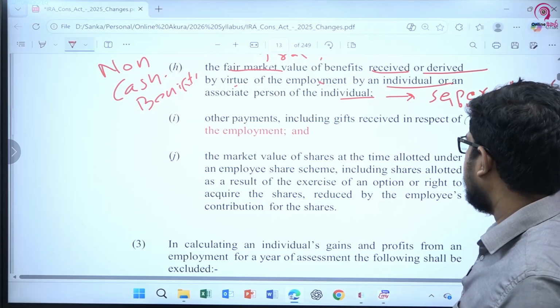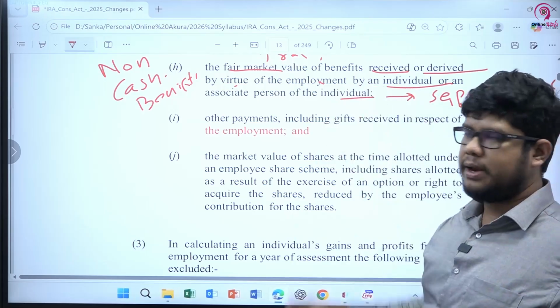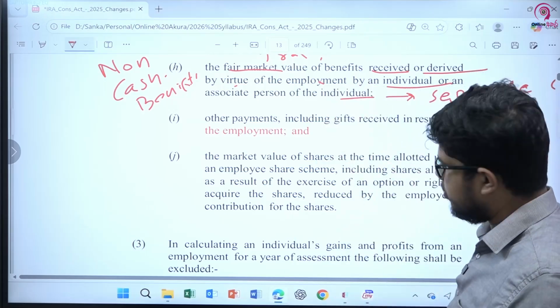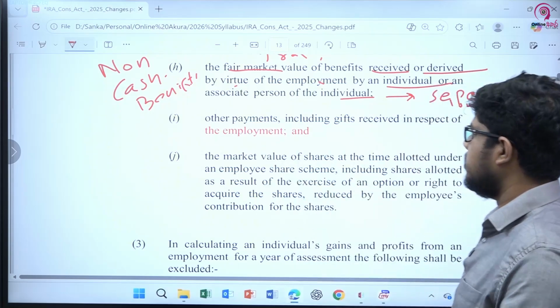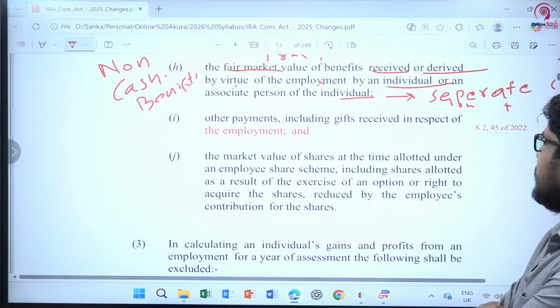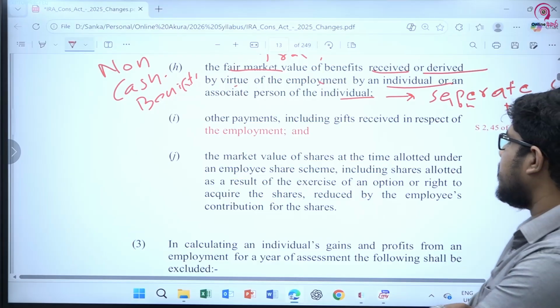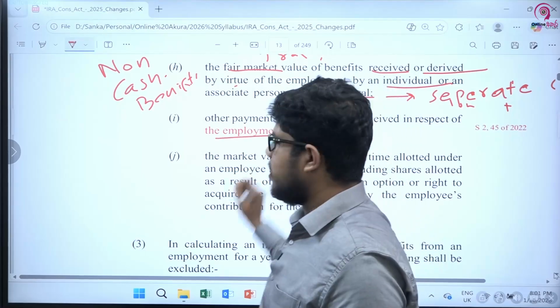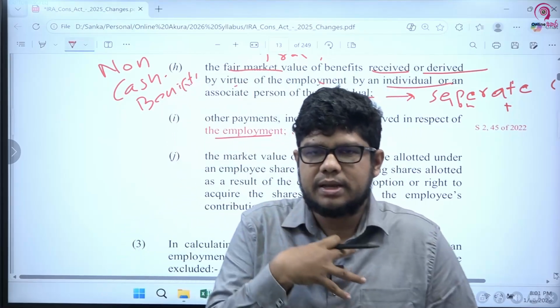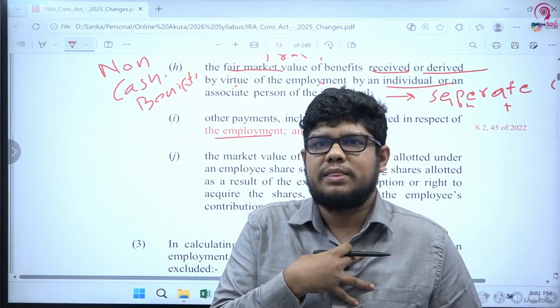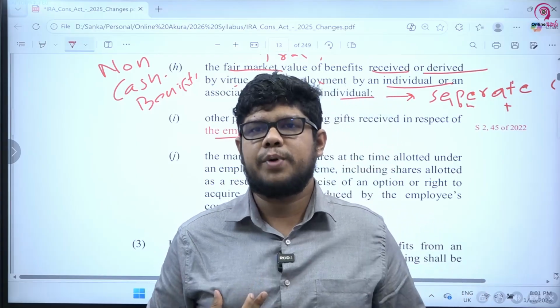Other payments including gifts, we will learn separately. For the moment, we will go with these items in the section. Other payments including gift received in respect of the employment. So if you are receiving a gift, that also comes under your employment income.